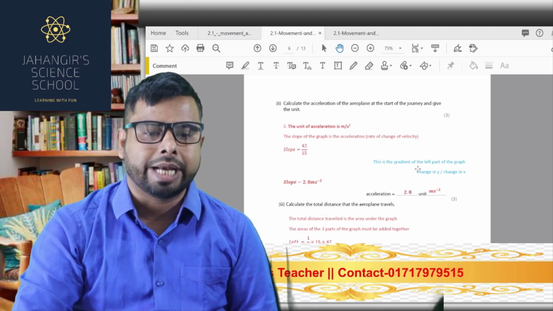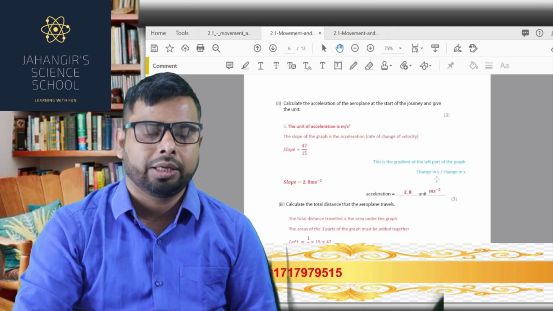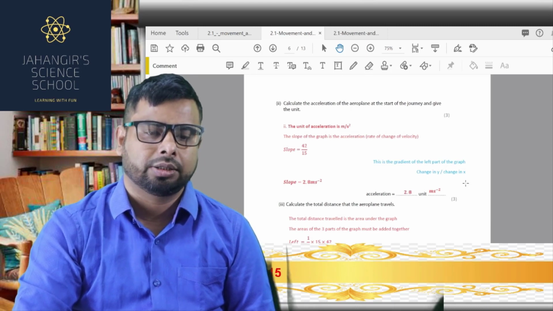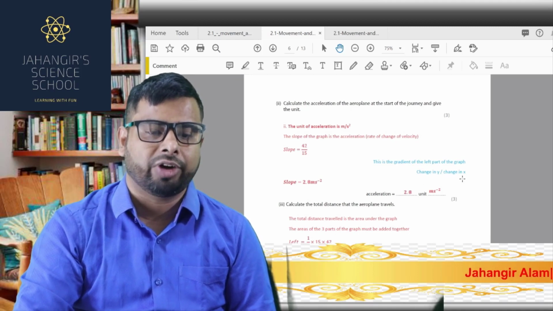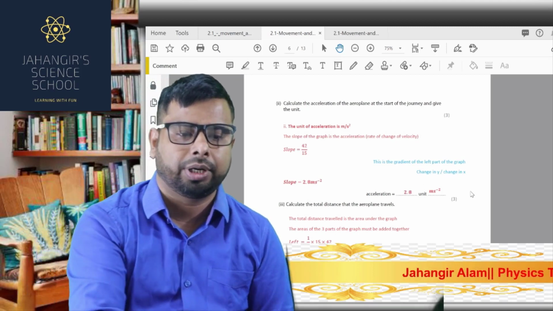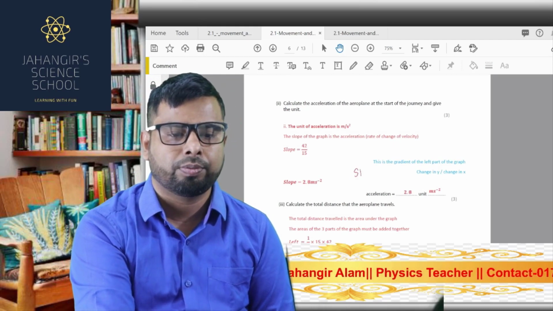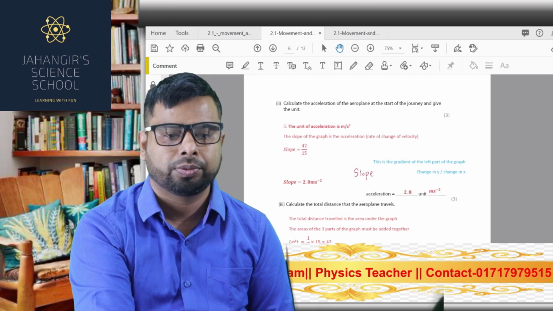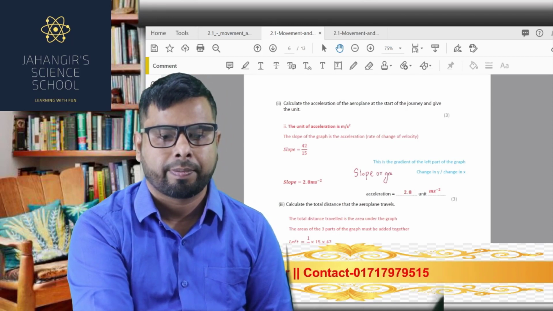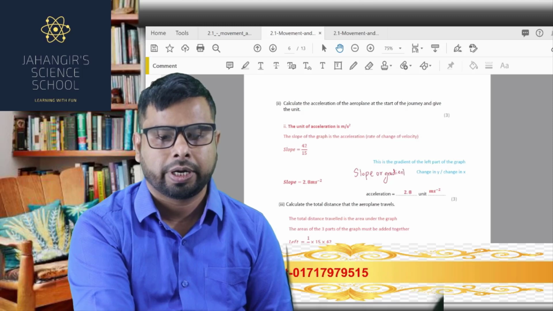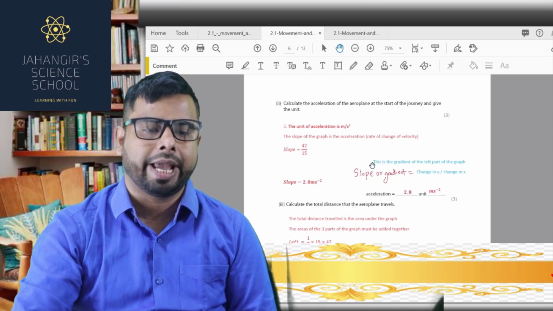This is the gradient of the left part of the graph, change in y divided by change in x. Remember, this is a formula or technique: slope or gradient equals change in y divided by change in x.